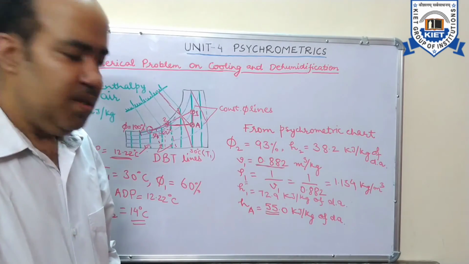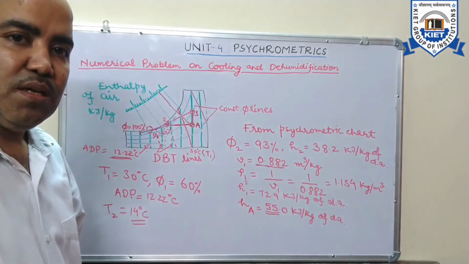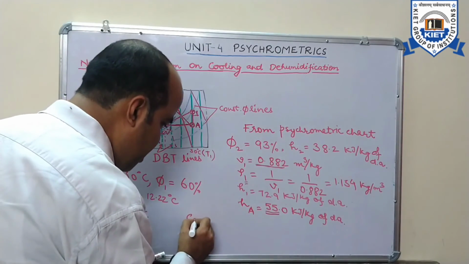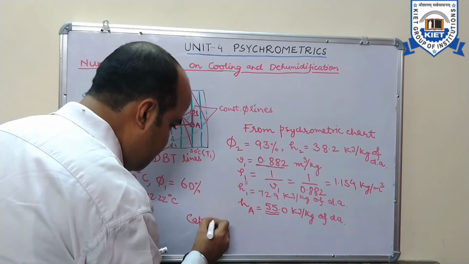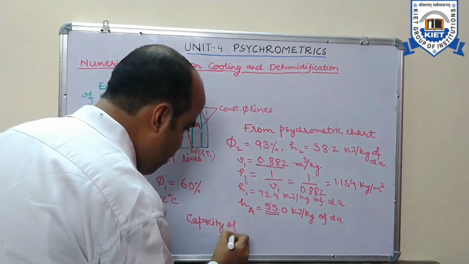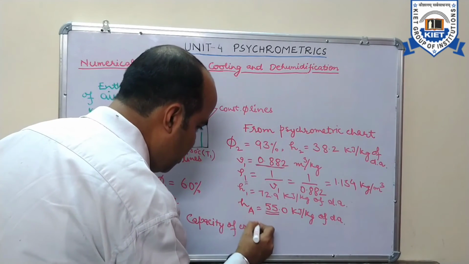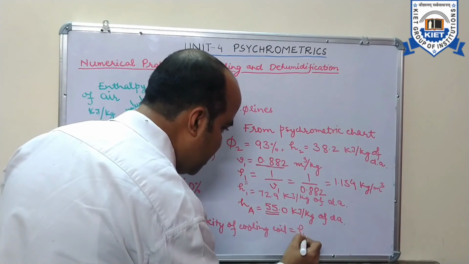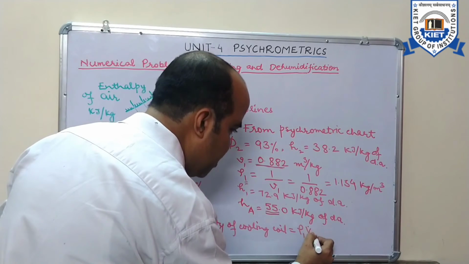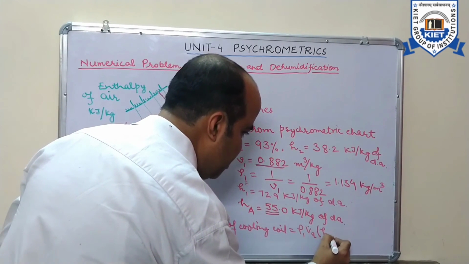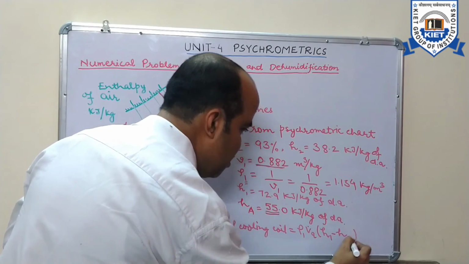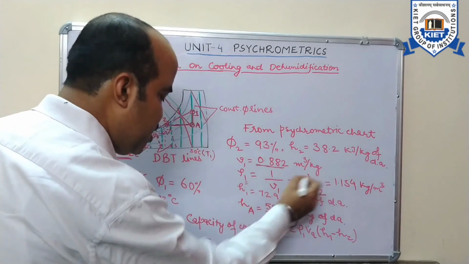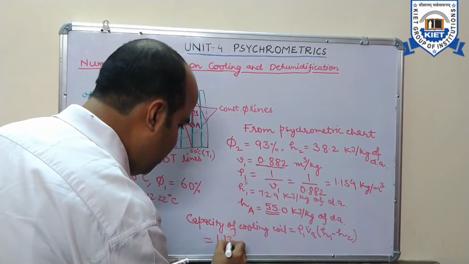Next, I will explain how we can find out the capacity of the cooling coil. The capacity of cooling coil will be equal to rho 1 into the volume flow rate of air multiplied by H1 minus H2. Density we have just calculated as 1.134.